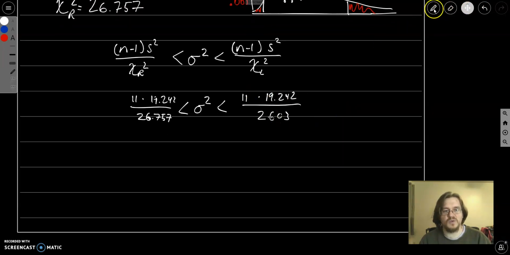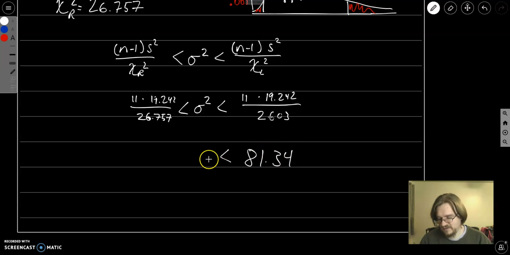And when we plug these in, on the right-hand side, we'll get 81.34. And on the left-hand side, we'll get 7.911.